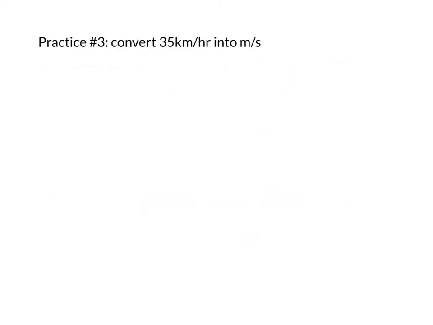This third practice problem is to demonstrate that you can convert units in both numerators and denominators. So the problem asks you to convert kilometers per hour into meters per second. So both of these values will need to be changed. So the numerator starts in kilometers and is being changed into meters. And the denominator starts as hours, as in kilometers per hour.